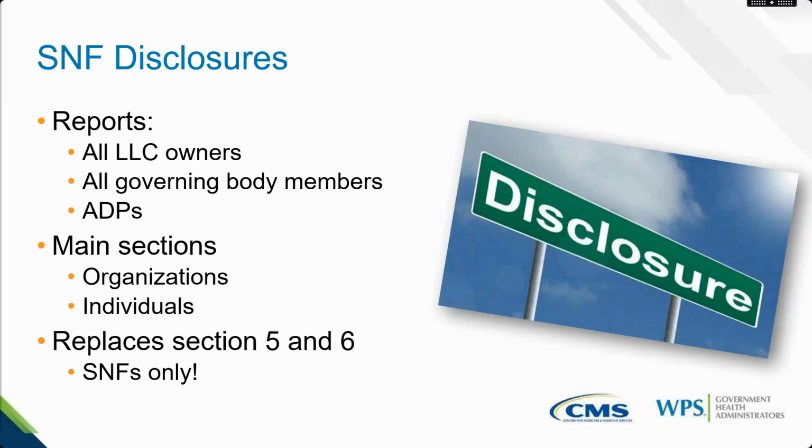With the CHOW situation, when we get into the ADPs, we'll explain who those are. For SNF CHOWs, we're not looking for the seller to report that information because typically that seller is going to be deactivated. But for the buyer of that CHOW, for the new entity, we're going to need that information reported for the buyer.